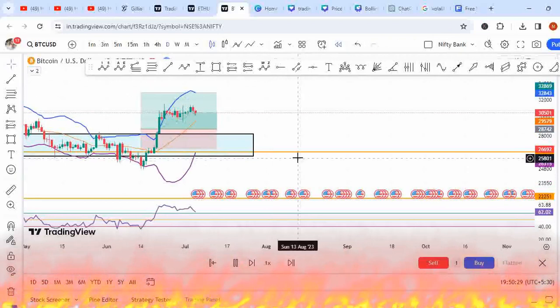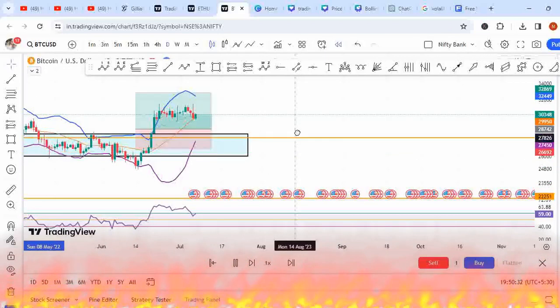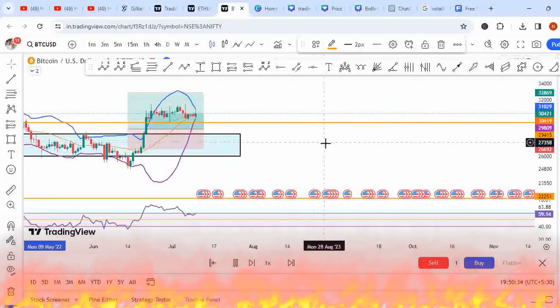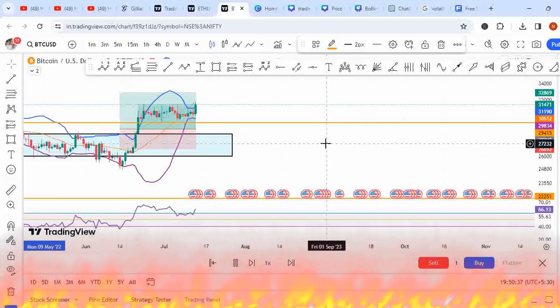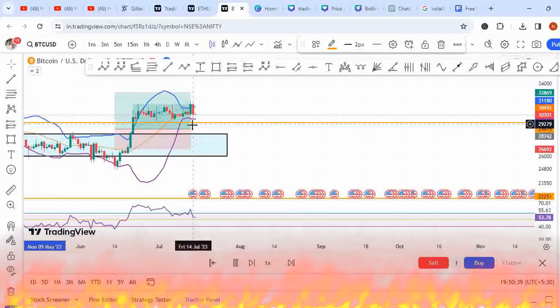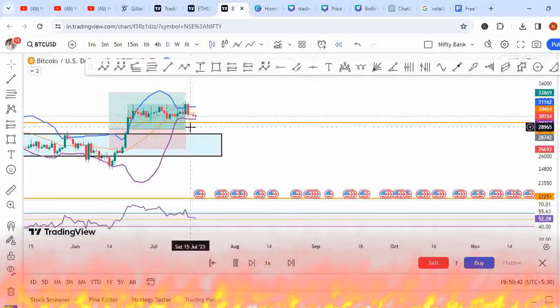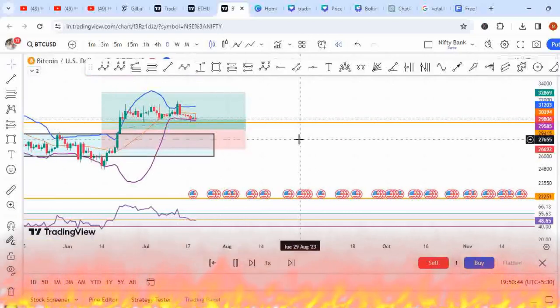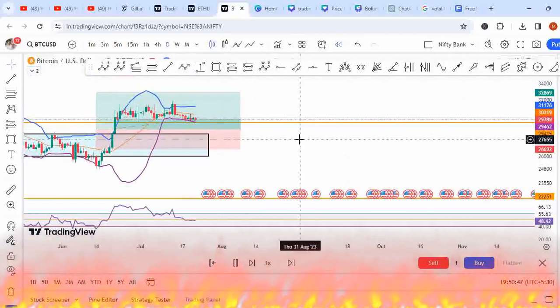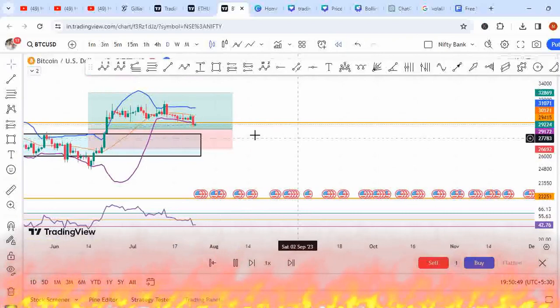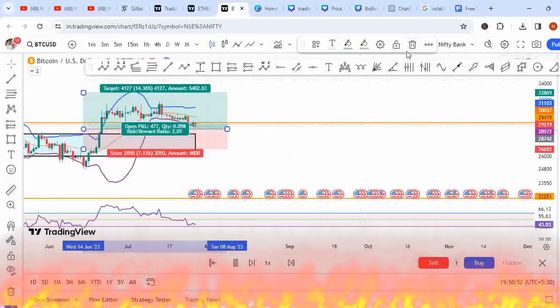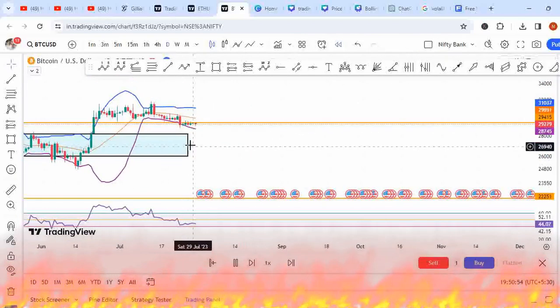Now you can trail your stop loss here, seeing the swing low. Here you are out of the trade with a profit.